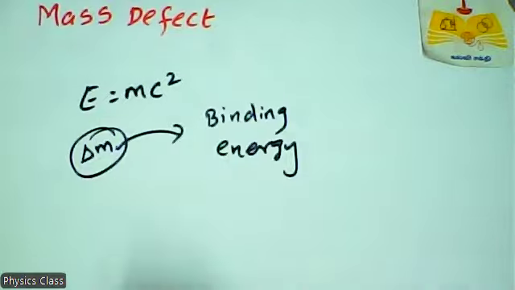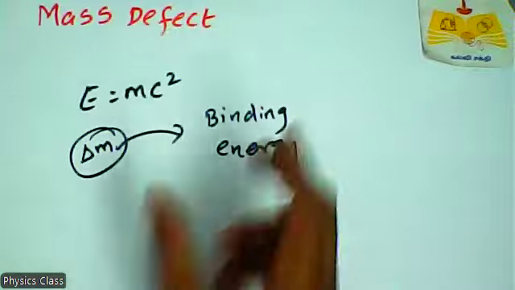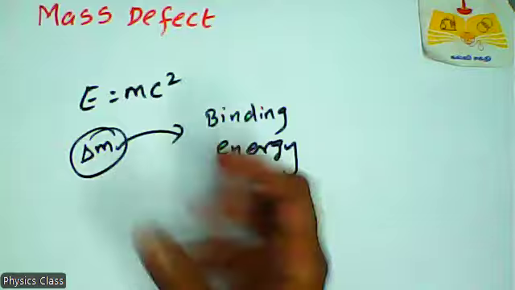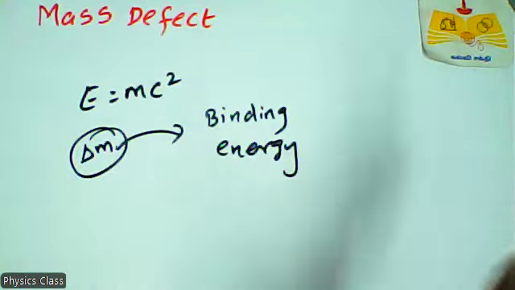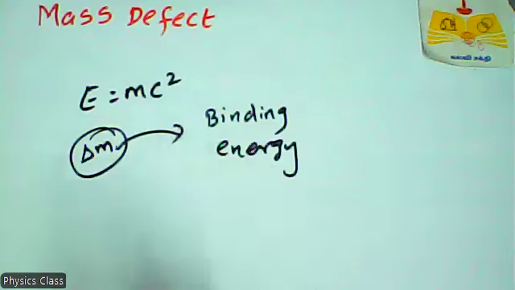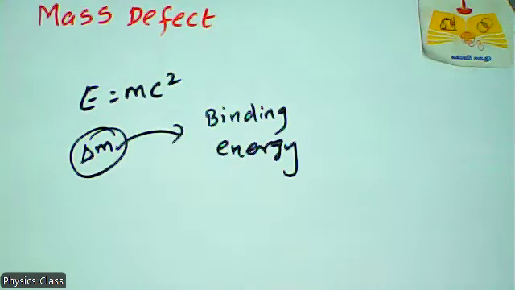What is the use of this energy, sir? You already know the term binding energy, but what is its use? Binding energy holds the nucleus together, because in the nucleus there are protons and neutrons, and electrons revolve around the nucleus. The protons are positively charged, so they repel each other. The neutron is neutral, so it has no impact.